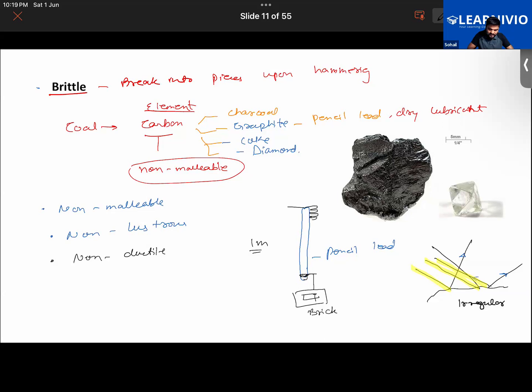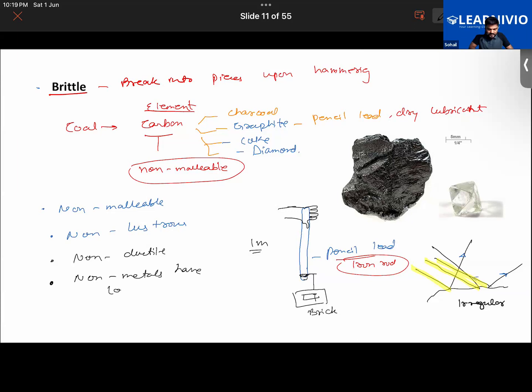Is this pencil lead going to hold it, or will it break? It will break. While if you were to take an iron rod in place of this, it was not going to break. So further, we can see that non-metals have low strength.